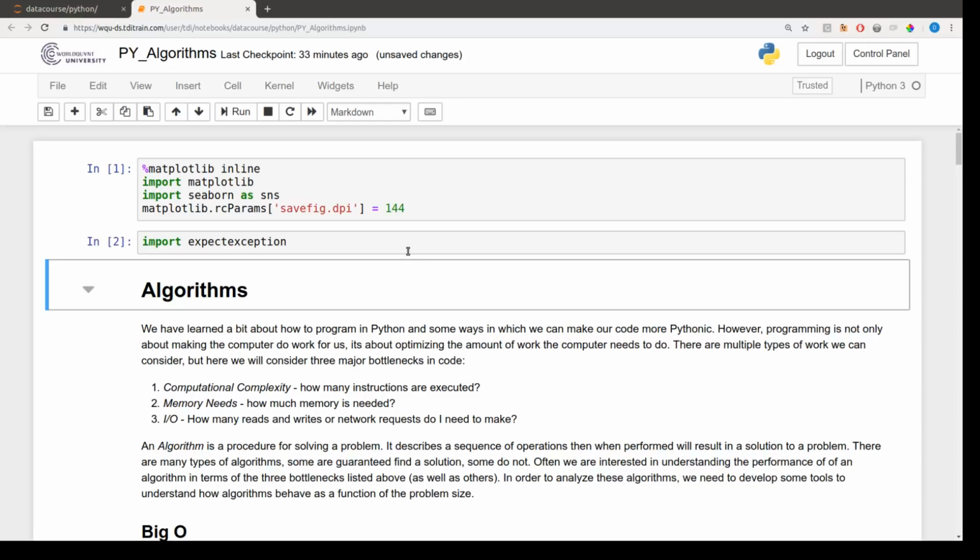We've also talked a little bit about the idea of organizing our code as we write a solution to some problem. And we've even talked a little bit about efficiency of that code. And today we're going to focus on this efficiency question.